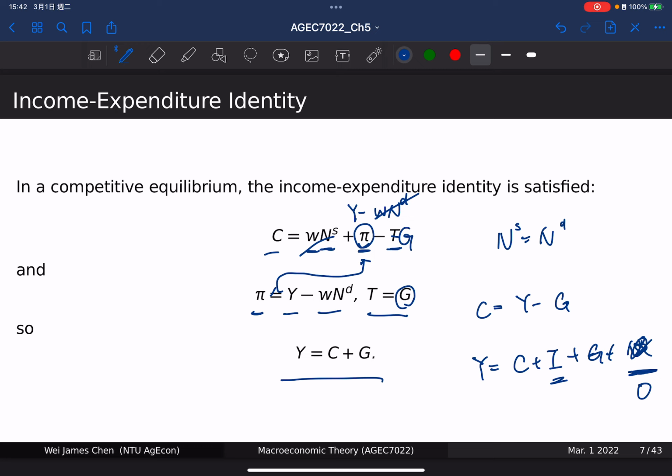Investment is saving, basically. You need a model that has at least 2 periods to do saving. Otherwise, you only have 1 period. What do you save for? There's no future. So here we also have I equals 0. So this equation boils down to Y equals C plus G. I'm just showing you that Y equals C plus G is something that must be satisfied.